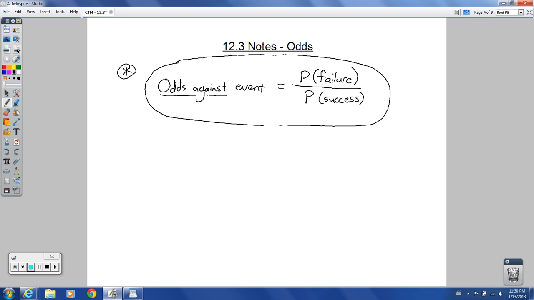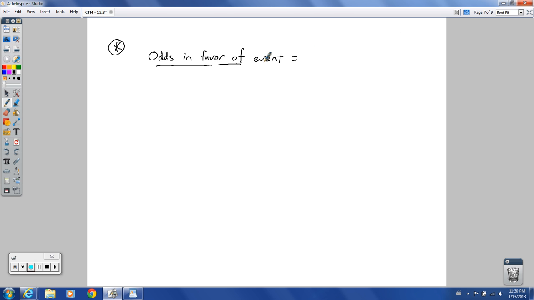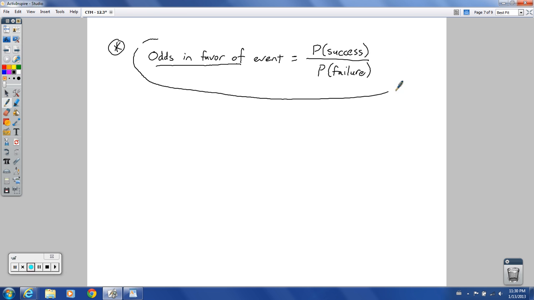We're going to take the reciprocal of that and say now the odds in favor of an event happening is the probability of success over the probability of failure. And so that's our other big guy here. Alright, so that's the other really important thing to know for this lesson.